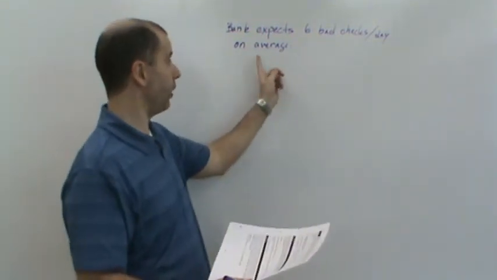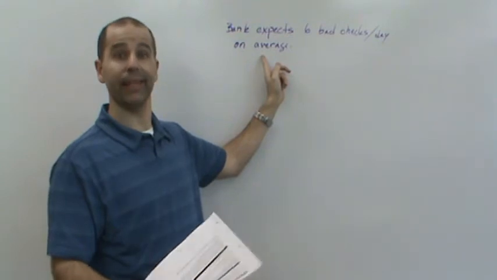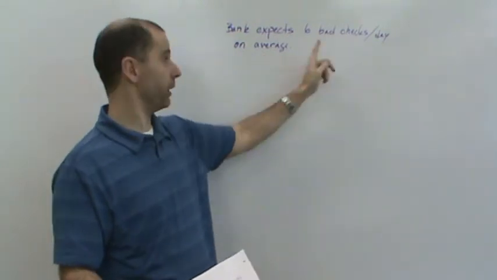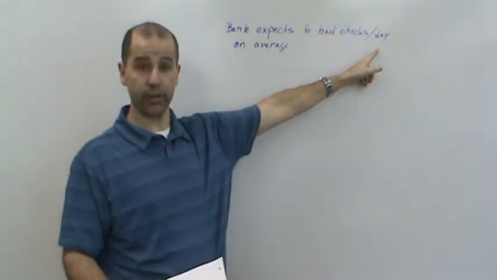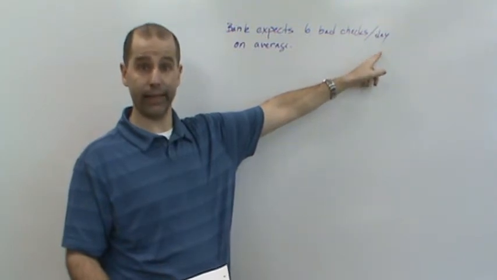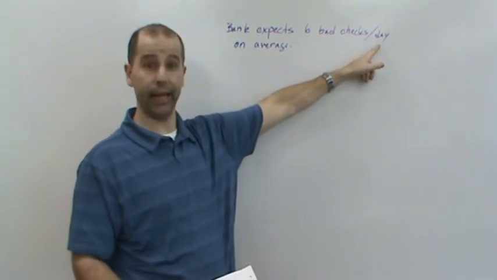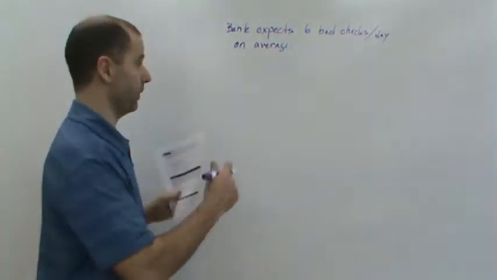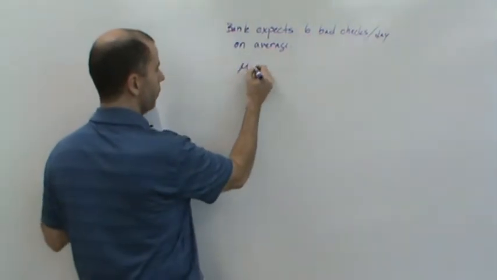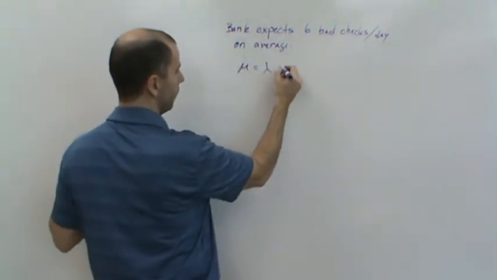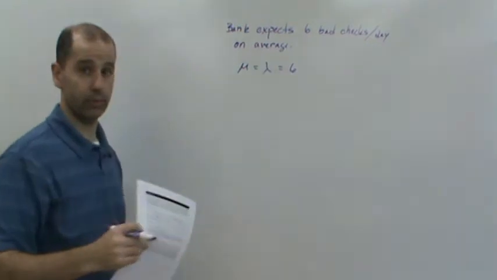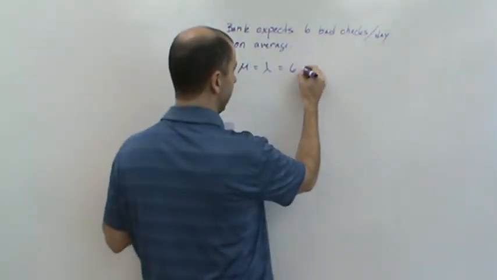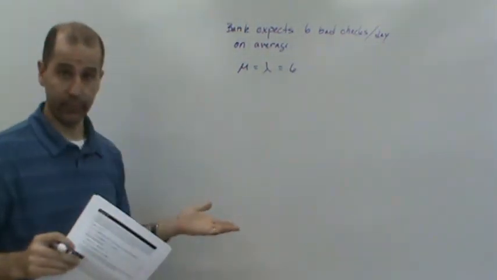So this value, 6, is mu in this case, because the interval of interest is 1 day. This is already in the right rate, right? The units. Remember, checks per day, okay? So now we know that 6 is equal to mu. So mu, which is equal to lambda, is 6, okay? So 6 per day, okay? That should make sense.